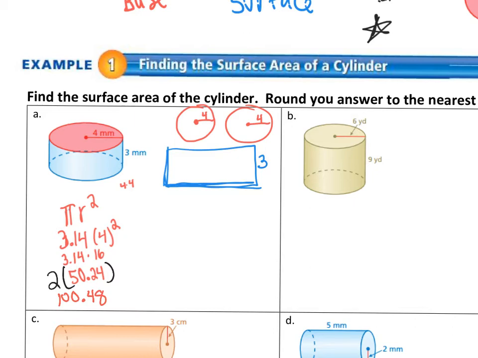Next I'm going to find what this missing side is here. I'm going to do that by taking 2 pi r. So 2 times 3.14 times the radius of 4. When I multiply those things out, I will get 25.12.